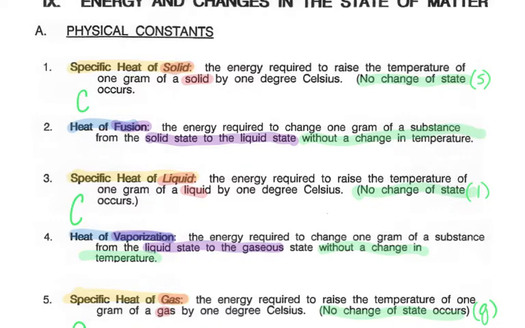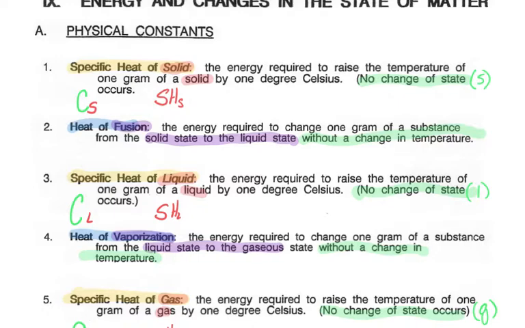And then if we want to indicate that it's a solid, we're just going to put an S. If it's a liquid, we'll put an L. And if it's a gas, we'll put a G. I'm going to make it a little bit easier for you, and I'm not going to use the letter C. I'm going to use the letters SH for specific heat. So that as I'm going through the rest of these notes, you'll see me write SHS for the solid, SHL for the liquid, and SHG for the gas. So these are the specific heats of the solid, the liquid, or the gas.